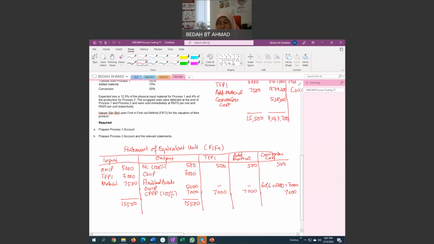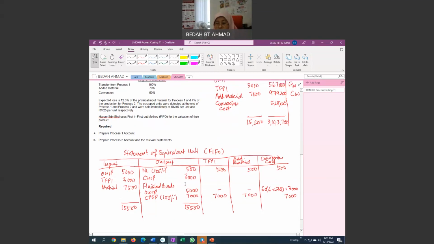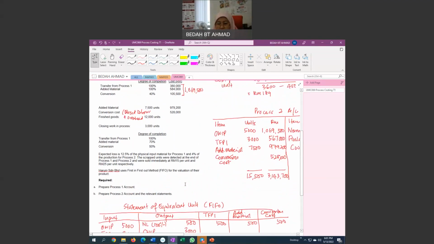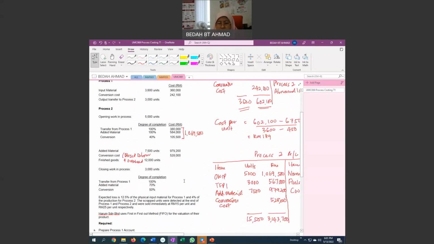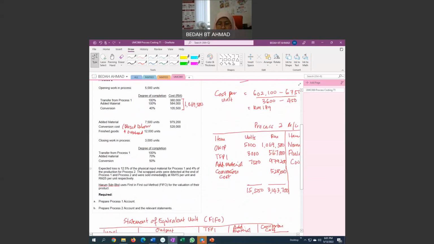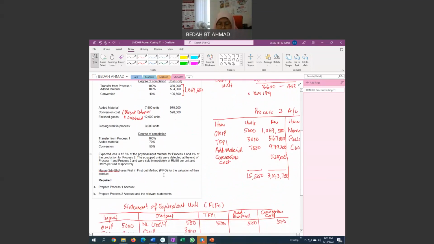Usually this statement of equivalent unit involves the work in progress, which is the closing and the opening. For the closing work in progress, 3,000, the degree of completion is 100% for transfer from process 1, 70% and 50% for the others.